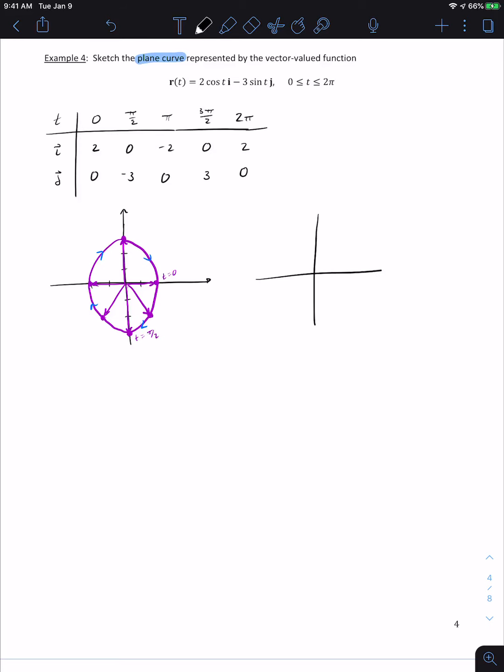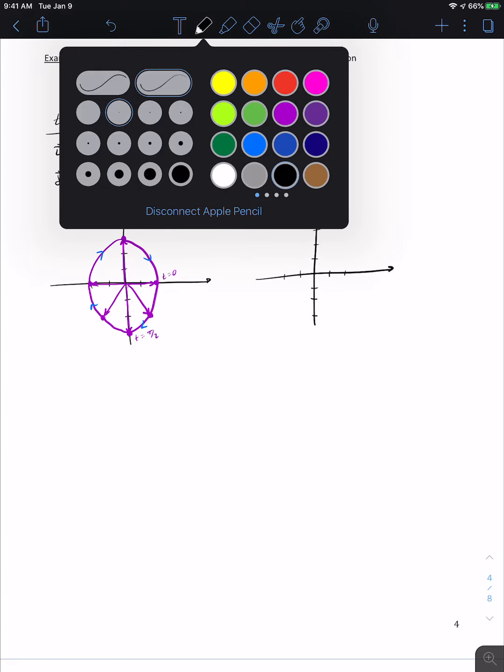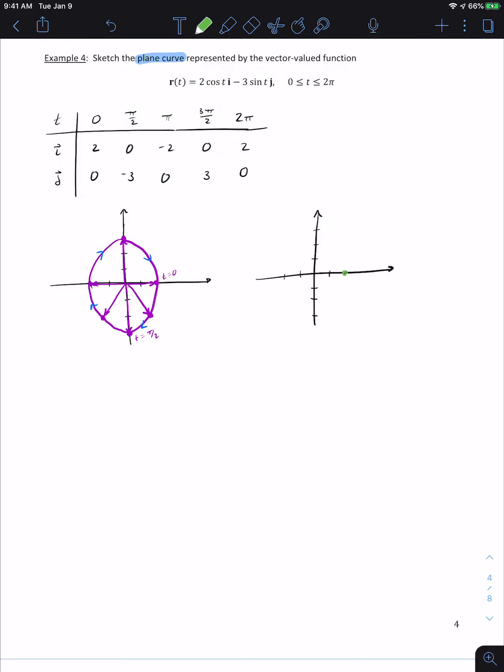So if I were to redraw this without the vectors, it would look like this curve right here.